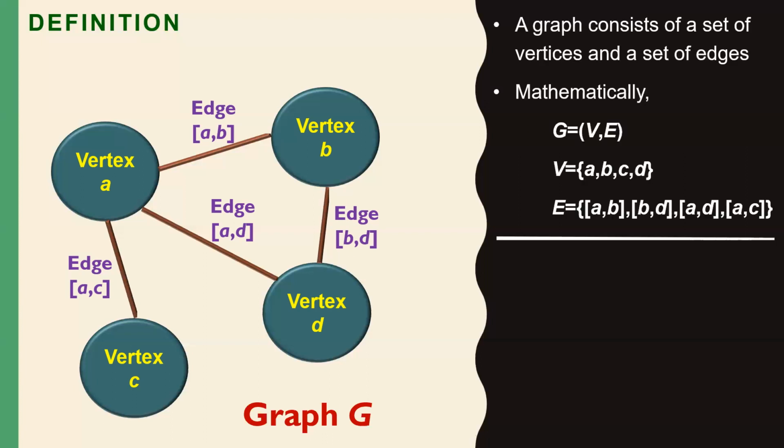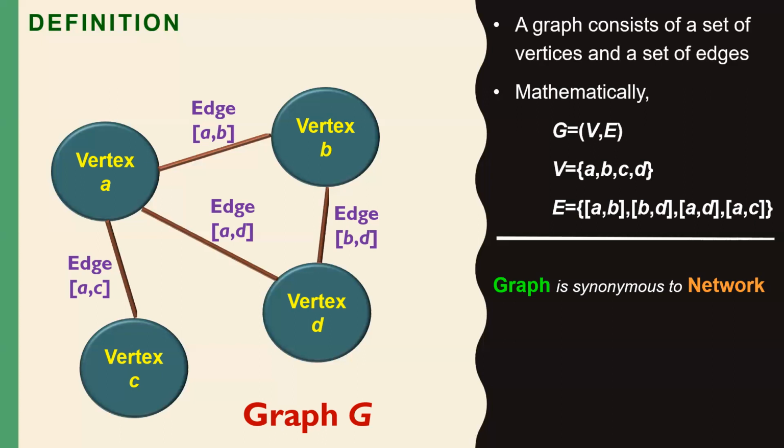Now, mathematically, this is our graph G. It is the pair of set V, which is the set of all your vertices. In our case, those are vertices A, B, C, and D. And the second set is the set of all edges, which consists of the pairs AB, BD, AD, and AC. So here we have a graph with four vertices and four edges.